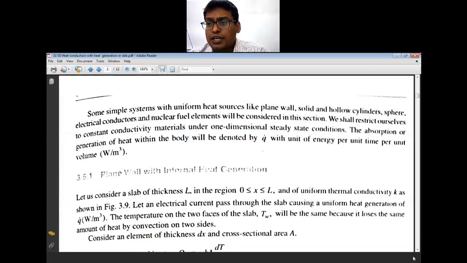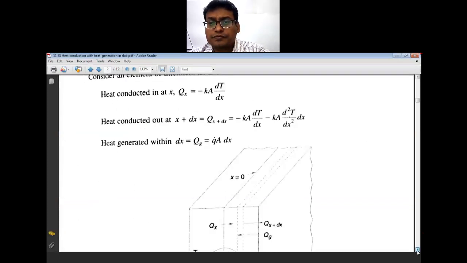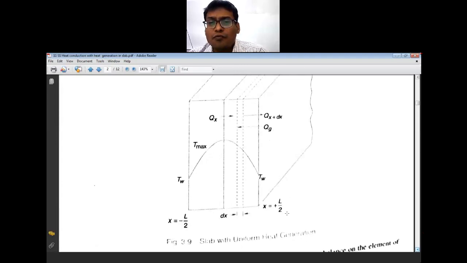Firstly, it's a plane wall that we will consider. It's a simple plane wall, a three-dimensional figure as shown here, and at the center there is a heat source, where heat is generated and goes out.